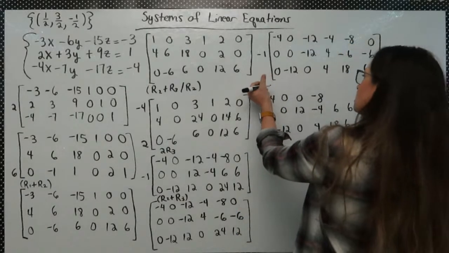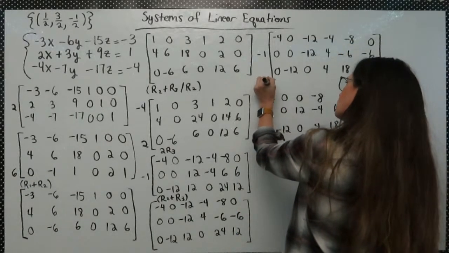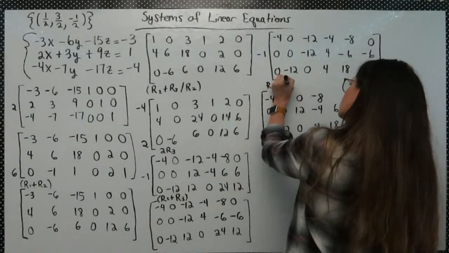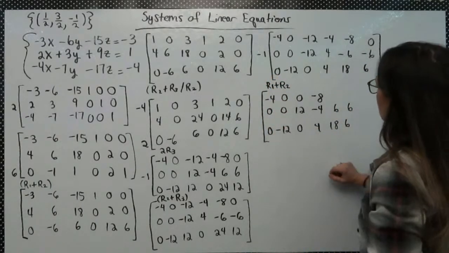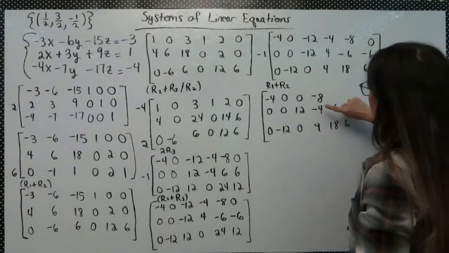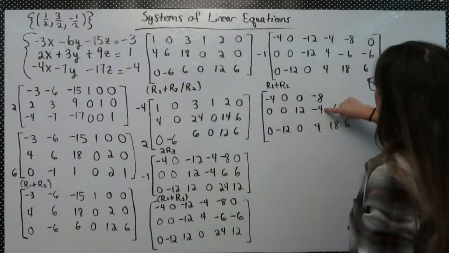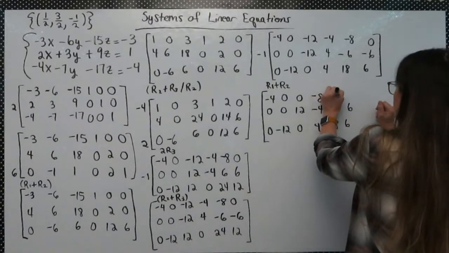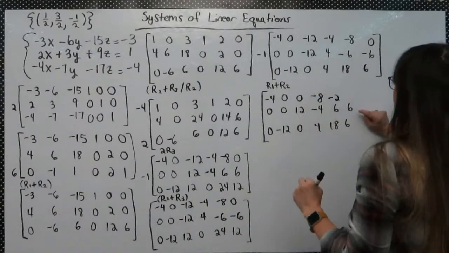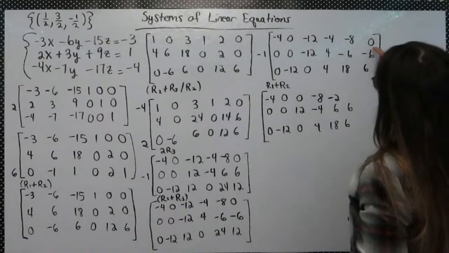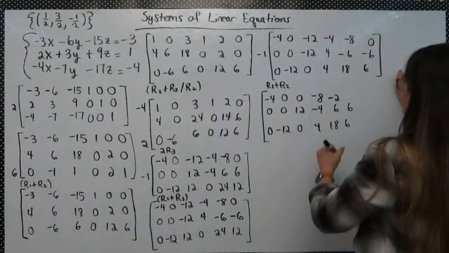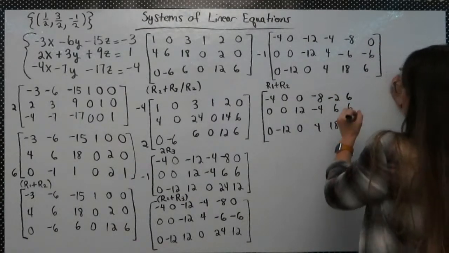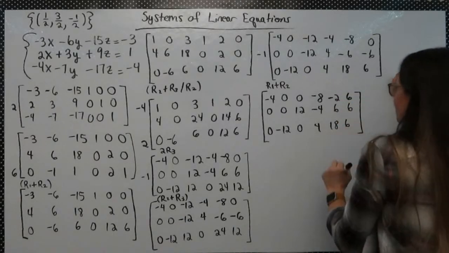So I'm going to write this in here. We're adding row 1 plus row 2. So row 1 and row 2, -4, 6 and -8 is -2. And then 6 and 0 is 6. All right. Let's see if I'm there.